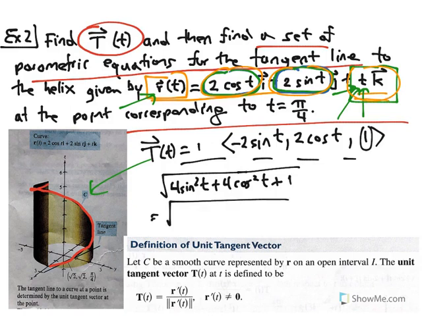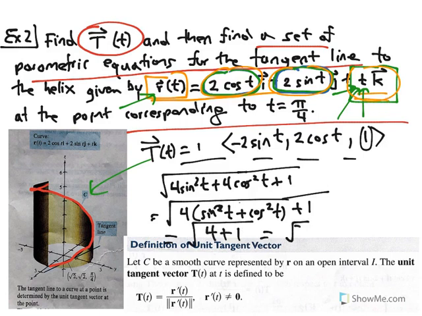And then you can factor out 4 from the first two terms in the radicand, and you will have 4 times sine squared t plus cosine squared t, plus 1. And of course, sine squared t plus cosine squared t is 1, so you'll have the square root of 4 plus 1, which is the square root of 5. So that's the magnitude of the vector r prime of t.